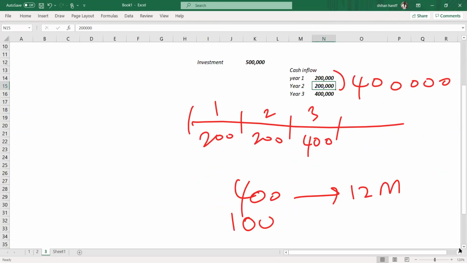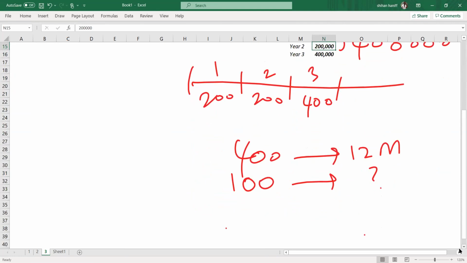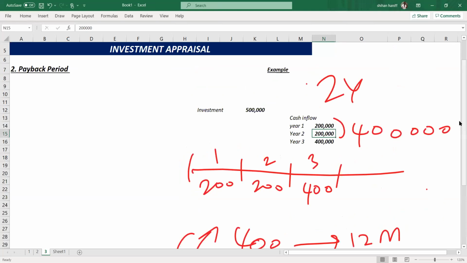You need only 100,000. So 100,000, how many months? Cross multiplication: 100 over 400 into 12 months. It's 3 months. So it will take 2 years and 3 months.